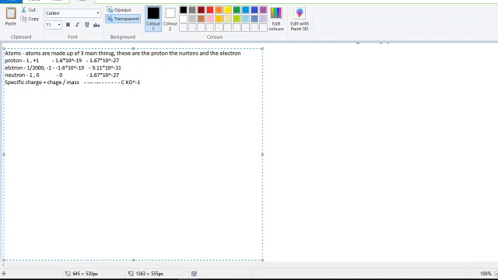So when you're using protons, neutrons and electrons in specific charge, make sure you read the question, because there could be questions with ions and there could be questions with nuclei.